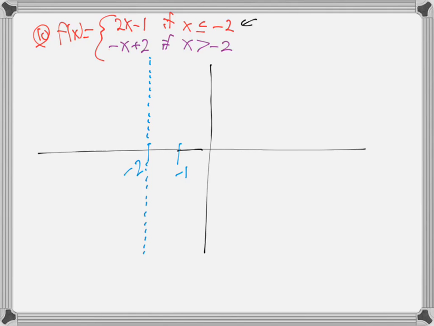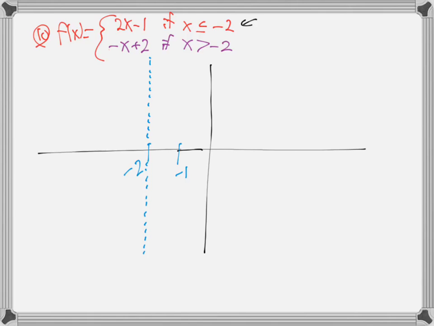How do I know? That's what it says. You do the 2x minus 1 graph when you're less than or equal to -2, when you're over here. And you do the minus x plus 2 graph when you're greater than -2. You're right of -2. See what it's saying up there? That's you starting to speak their language a little bit more?